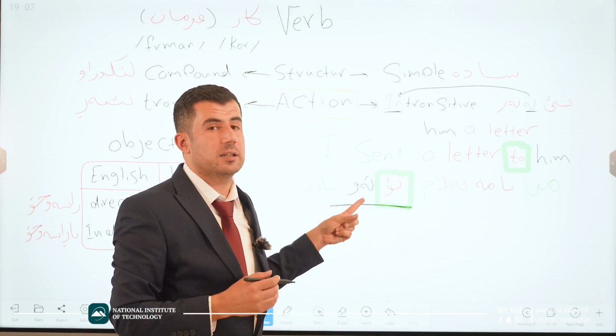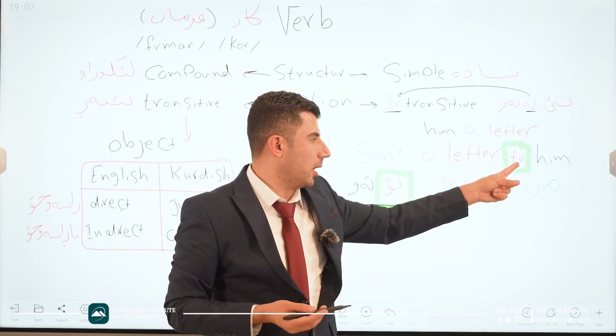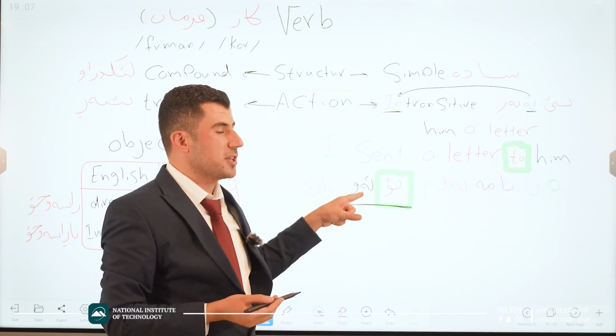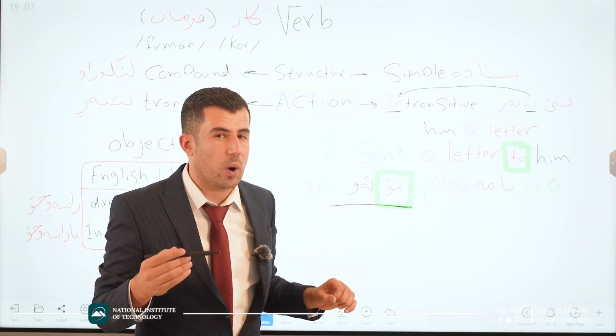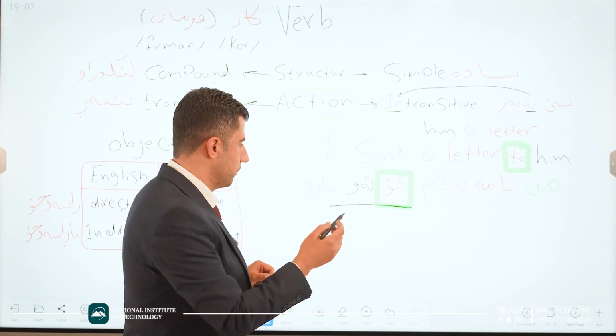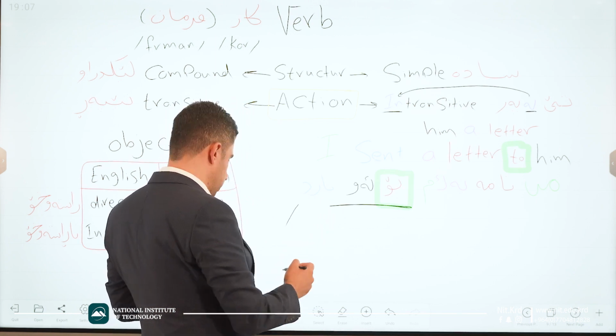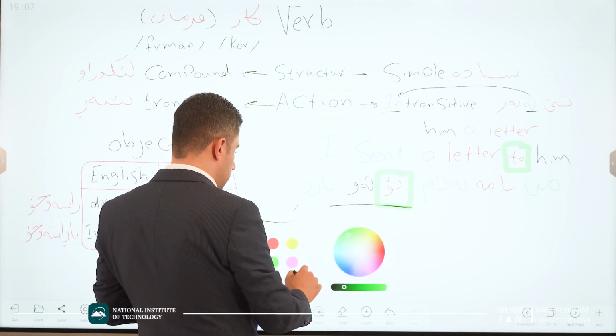But for saying to him, that I mark it here, this one in Kurdish is not an object, it is tawawkeri barida. I'll show you in phonetic transcription. Here, good.